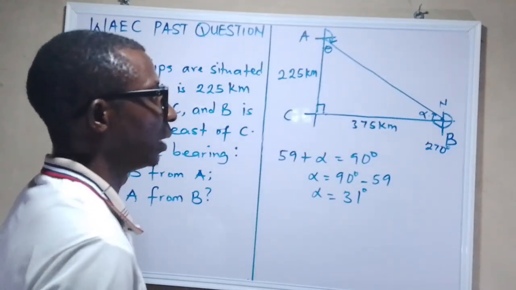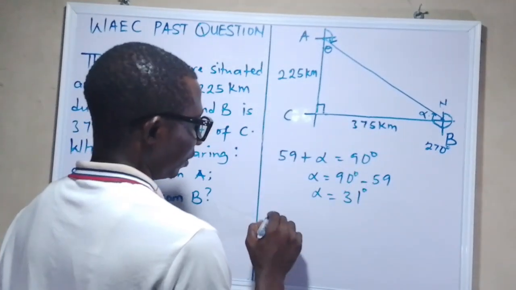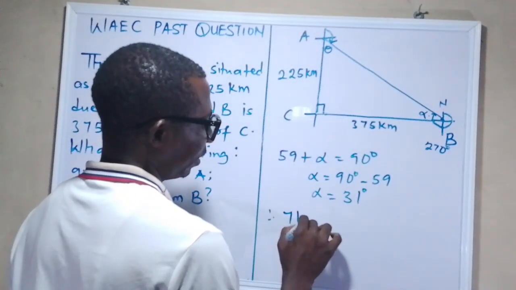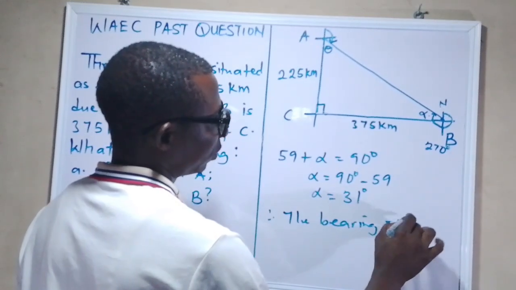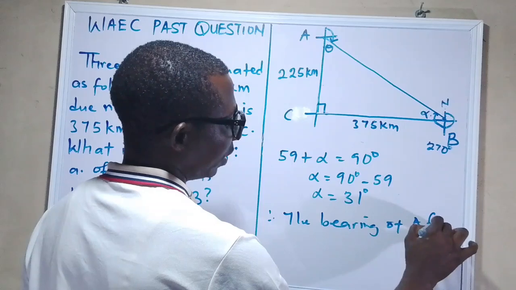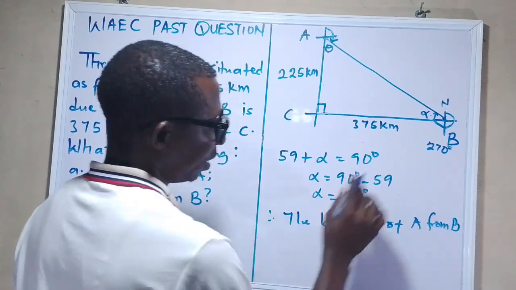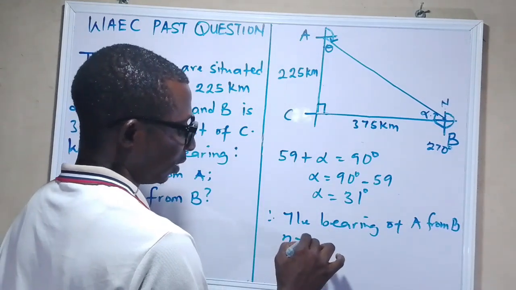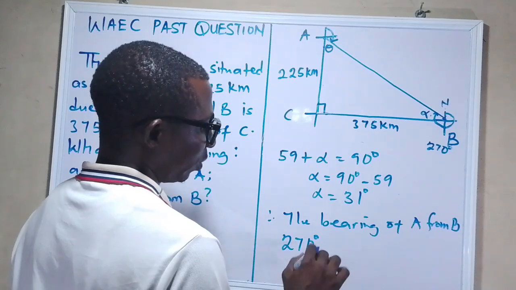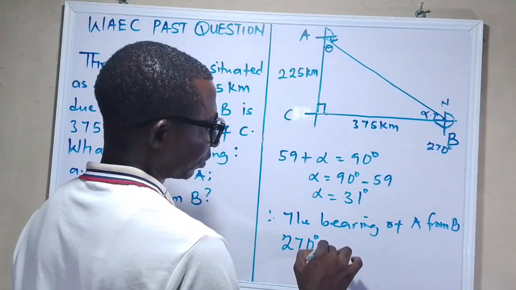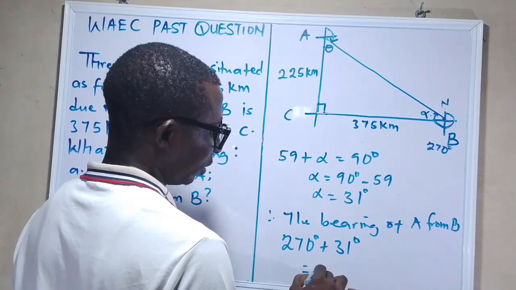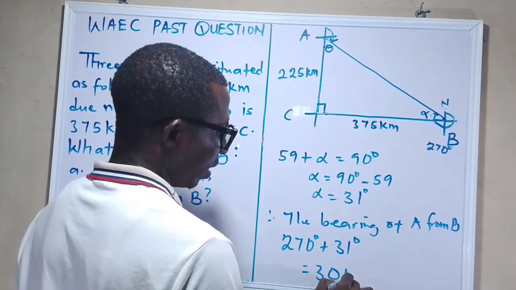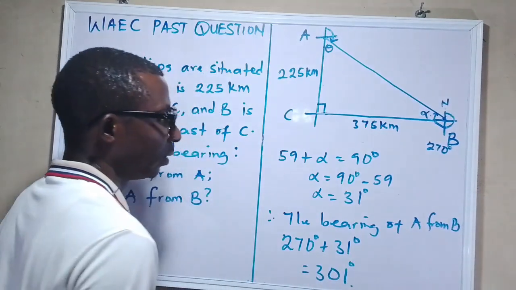Therefore the bearing of A from B will be 270 degrees plus 31 degrees, and that gives you 301 degrees.